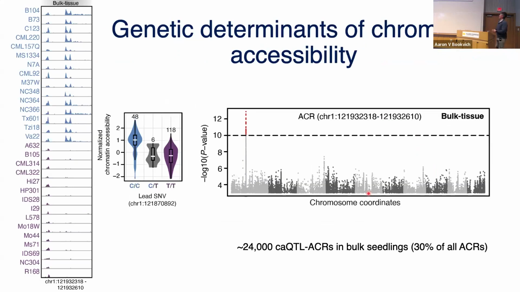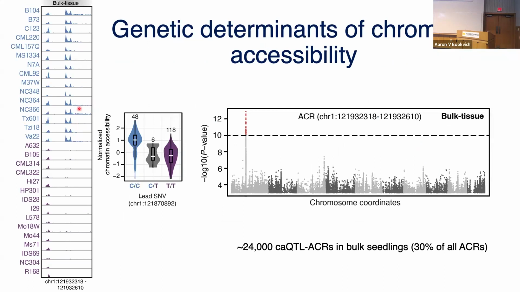All right, so I think the obvious thing is that when you generate this molecular data from a whole bunch of different genotypes, one of the things you can do is try to map those molecular traits. Here I'm showing you a single locus with a bunch of different genotypes, and we can find regions where accessibility is highly dynamic.